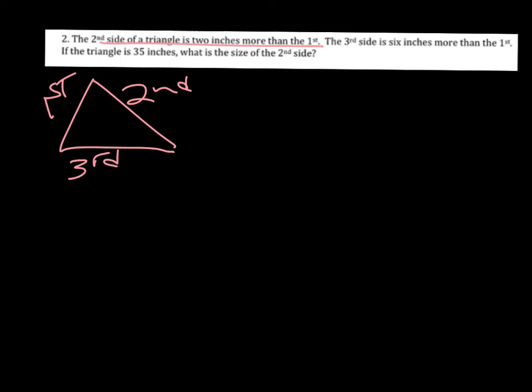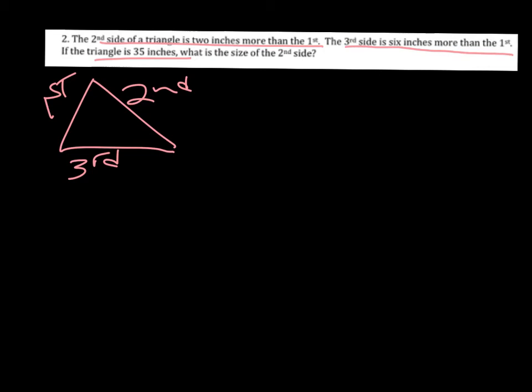The third side is 6 inches more than the first side. If the perimeter of the triangle is 35 inches, what is the size of the second side?